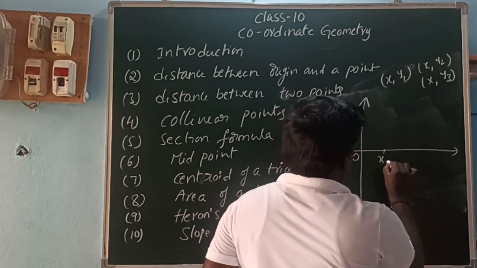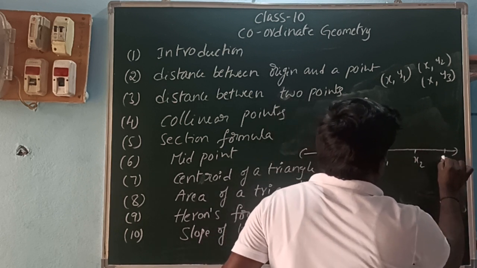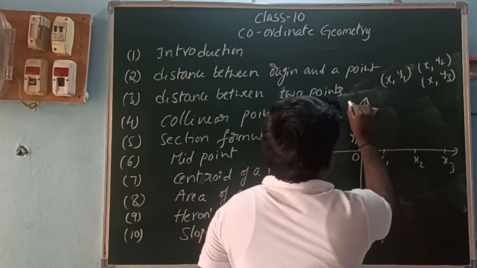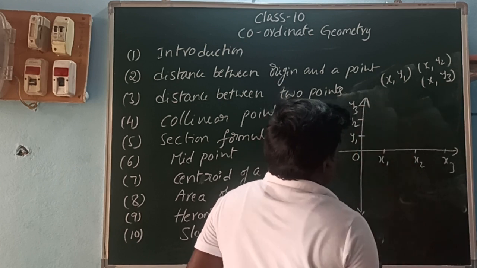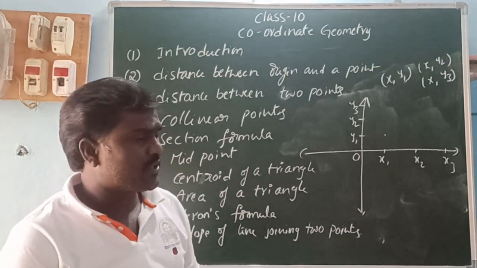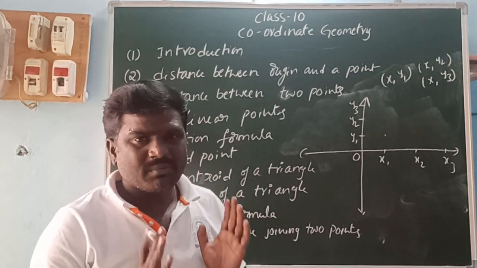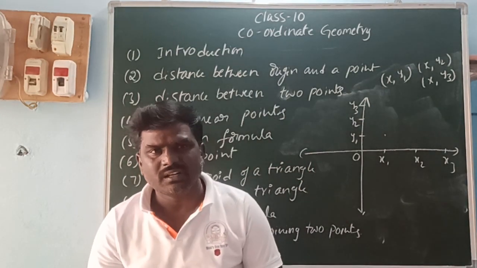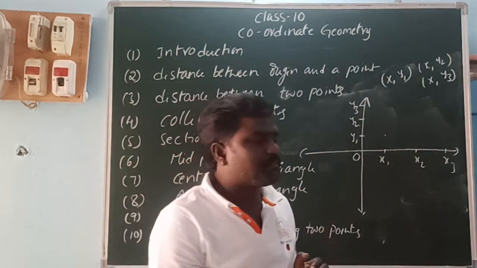Here origin, x1, x2, x3. Here y1, y2, y3. So what is the first point? x1, y1. A point is formed by the x coordinate and y coordinate. The common place of x coordinate and y coordinate is called a point. The points are denoted by capital letters.